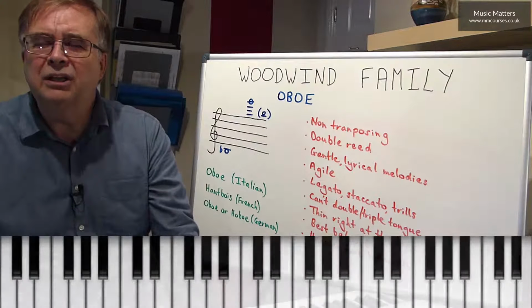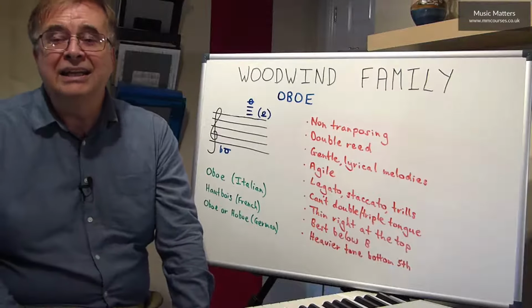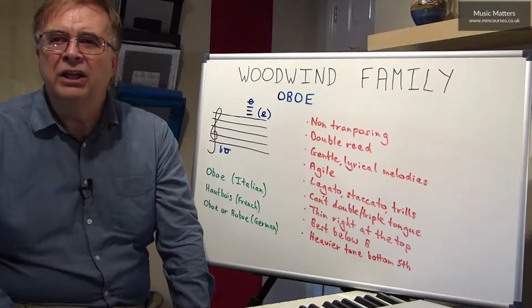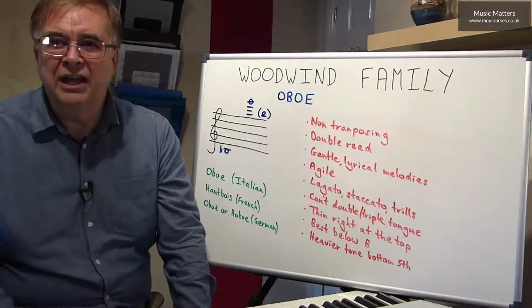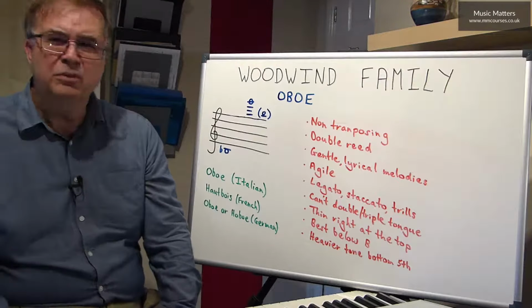And you hear that lovely warm tone, and again in the hands of a good player, working nicely with a vibrato to increase the warmth of that sound. This is where the oboe can sound very beautiful.